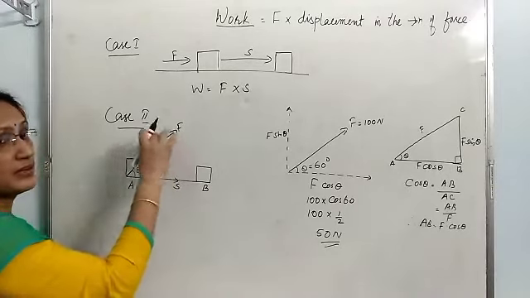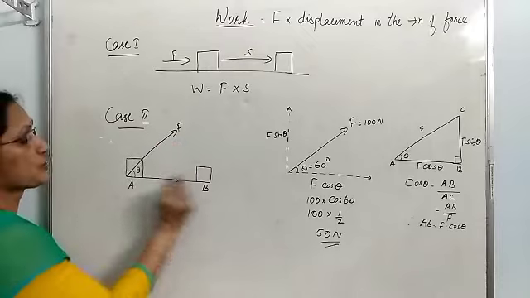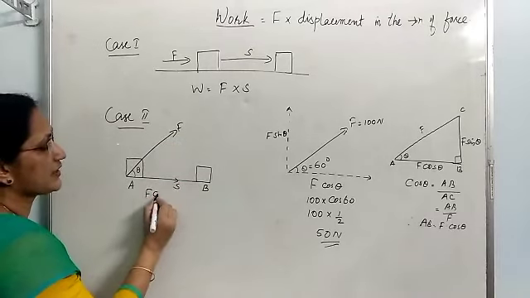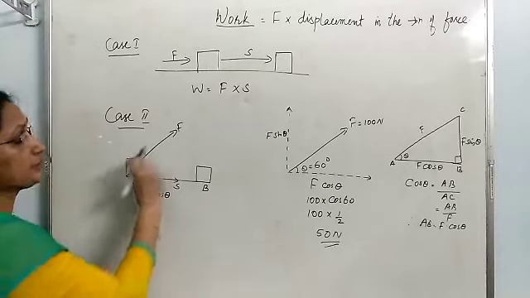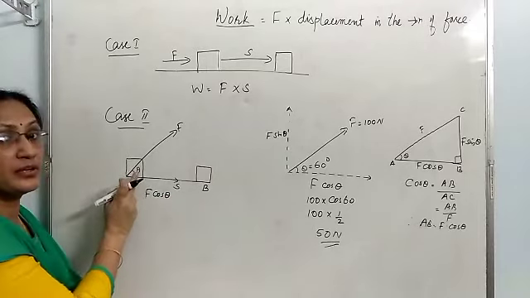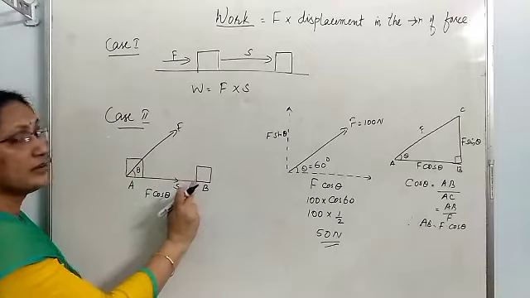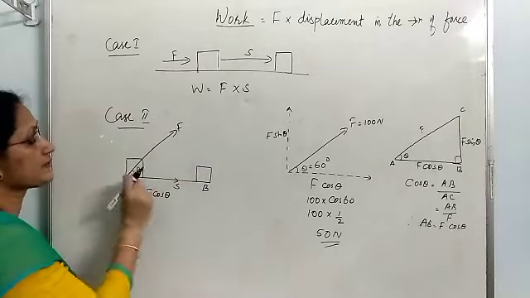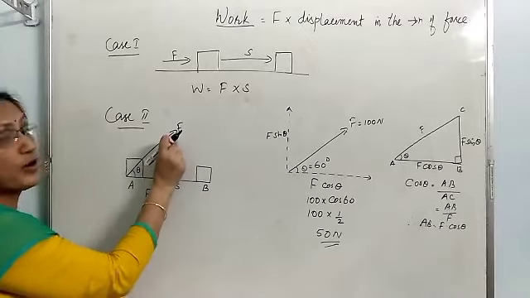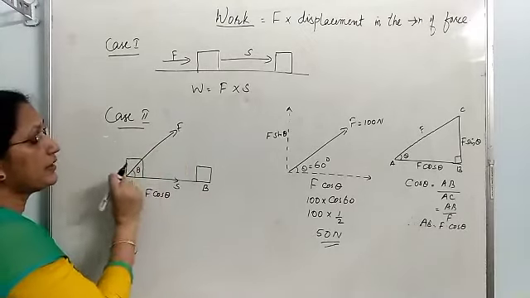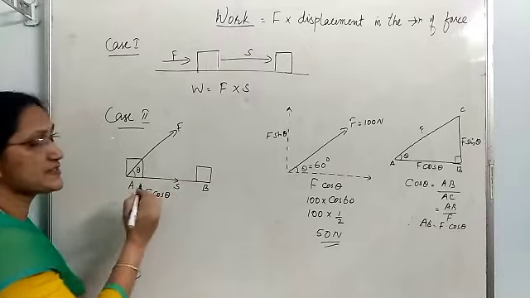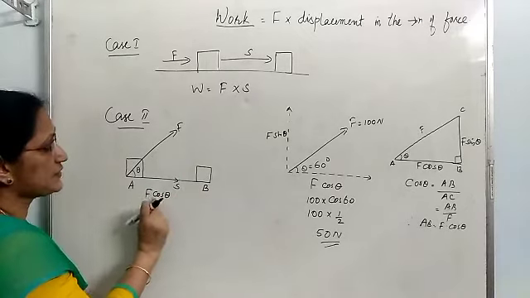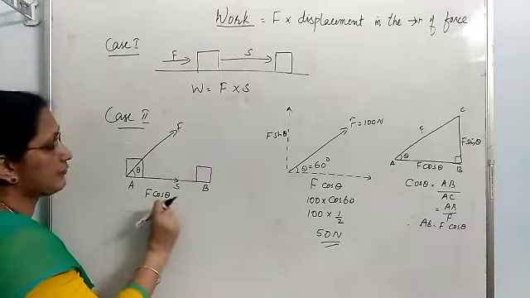So you can tell how much force causes displacement, or what is the force acting in this direction: it is F cos theta. F is the force, theta is the angle between F and S. So the component of force available in the direction of displacement is F cos theta, meaning the force which causes this displacement is not F, it is F cos theta.